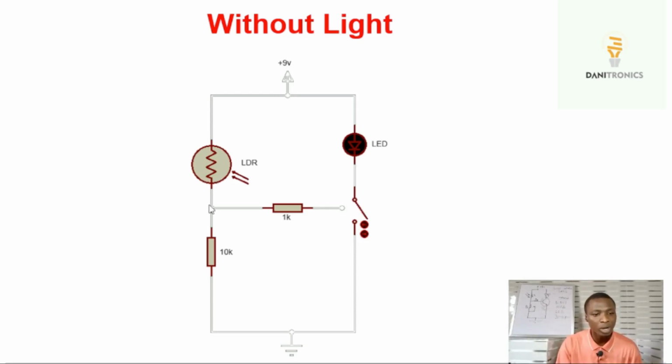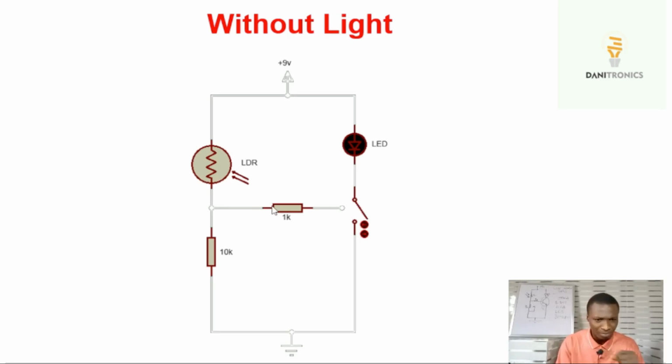So at this point we are going to be getting about 0 volts, and 0 volts cannot turn on the base of a transistor, and so the transistor remains off. There's no current flowing into the base, and there's no voltage up to 0.7 across the base and the emitter of the transistor.